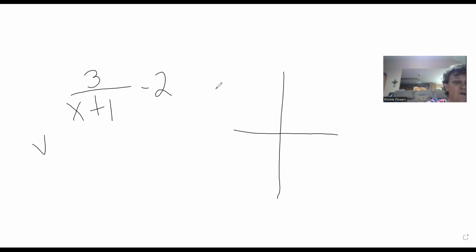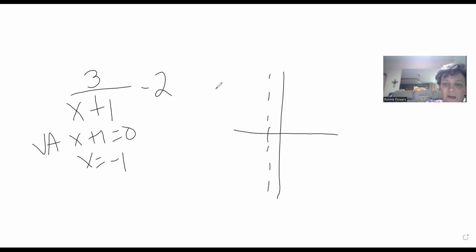Well, I get the vertical asymptote by setting this bottom thing equal to 0, x equals -1. So I'm going to go where x is -1, and I'm going to draw a vertical little line, dashed, okay? Because it's not really part of the graph, but it's sure helpful.